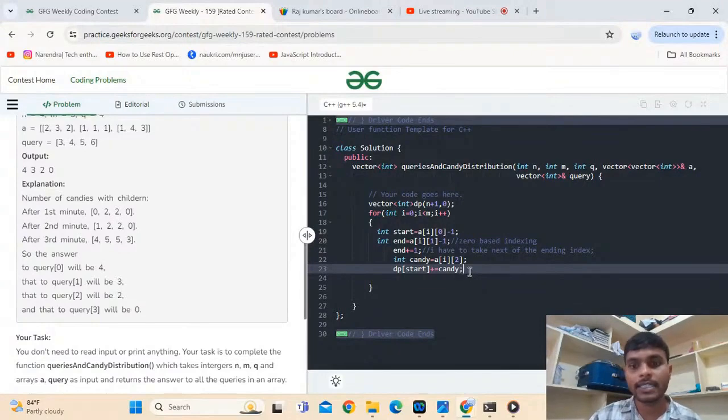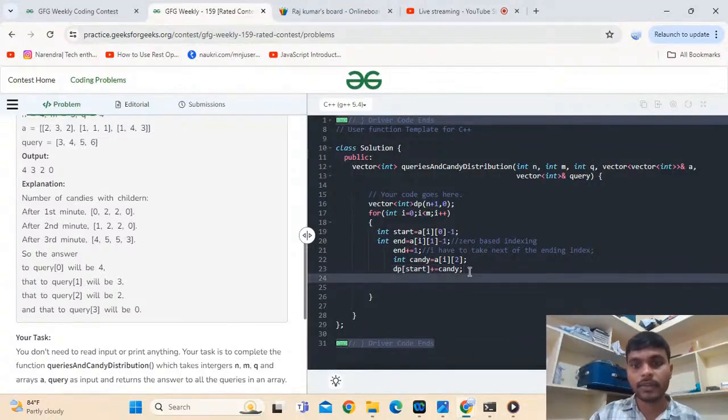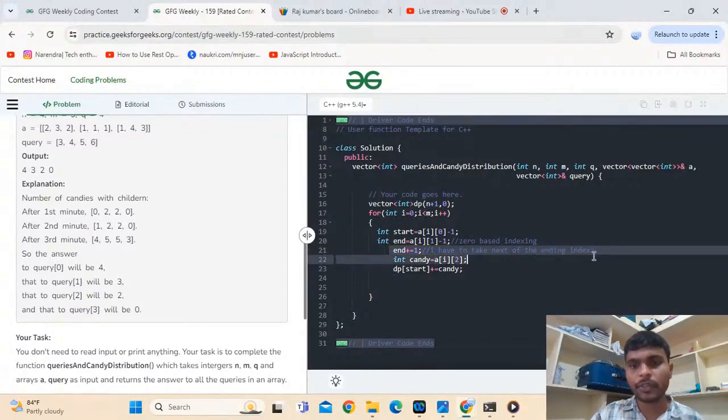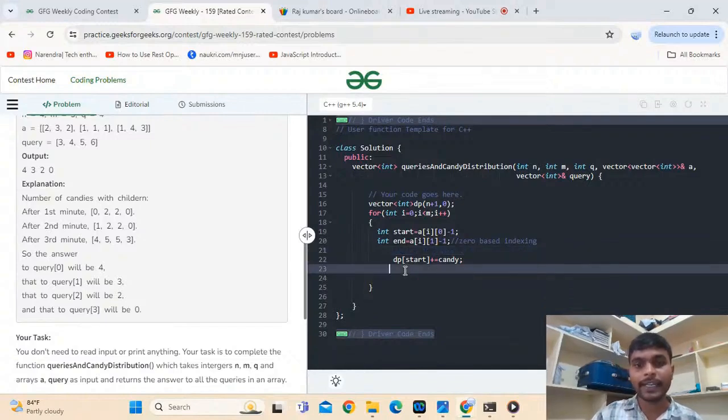Okay, guys, here observe. At the ending index, our ending index is, guys, this step you need not write here. What I am doing is I am taking ending index plus 1.